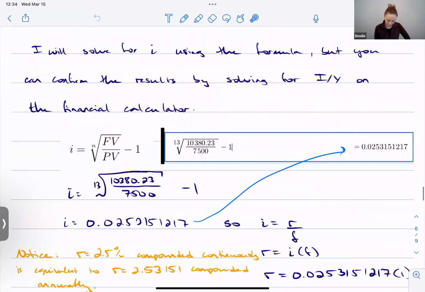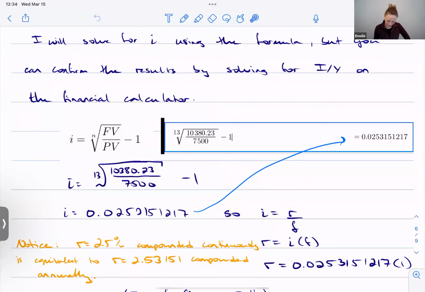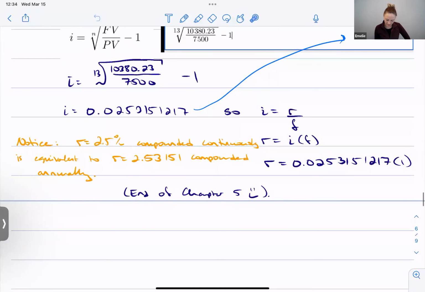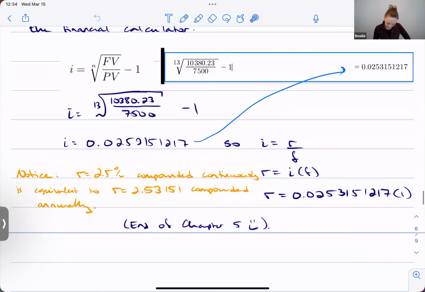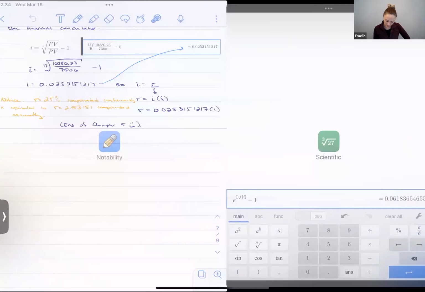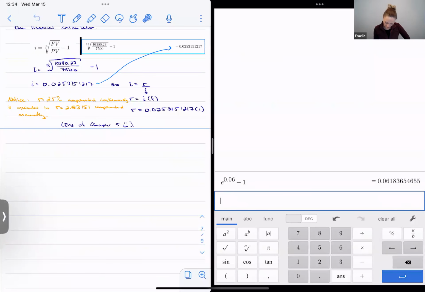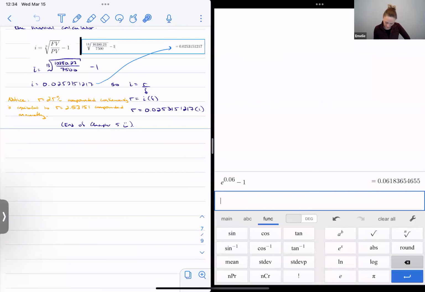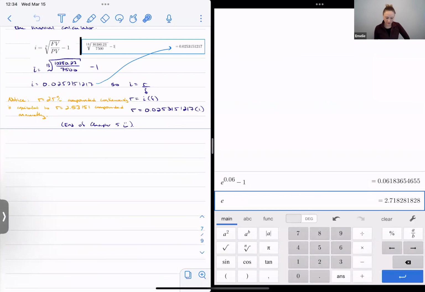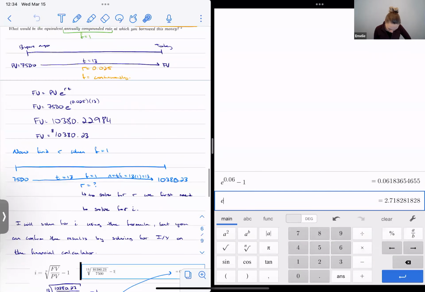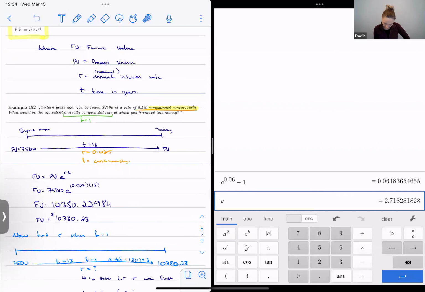We wanted to find what it was compounded annually. And so we can use the formula that we just introduced. We can say, okay, e to the original interest rate, which was 2.5%.